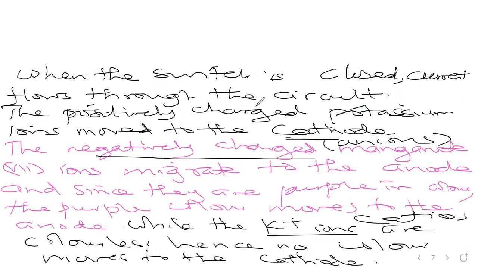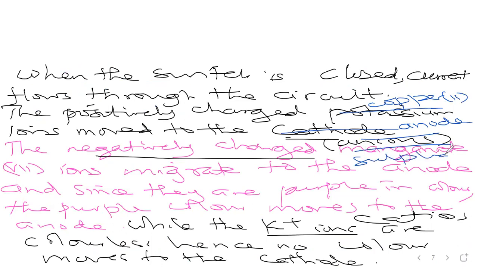So when the switch is closed, current flows through the circuit. The positively charged copper 2 ions moved to the anode. The negatively charged sulfate ions migrate to the cathode. I mean the anode in this name.